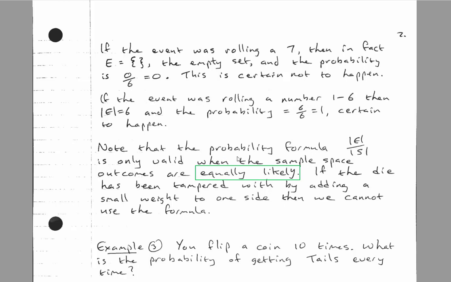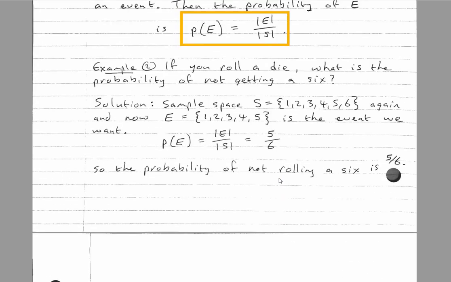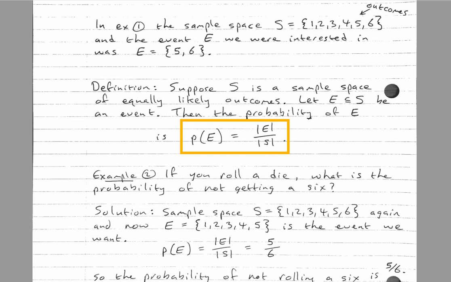And just a remark here, our probability formula, cardinality of E over the cardinality of S, is only valid when the sample space outcomes are equally likely. This is part of the definition.